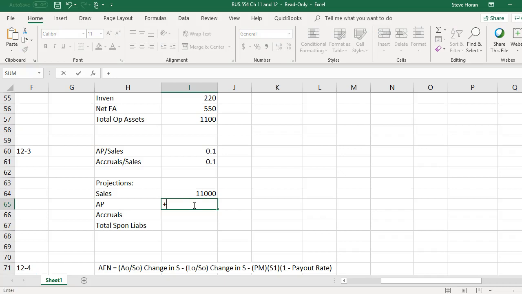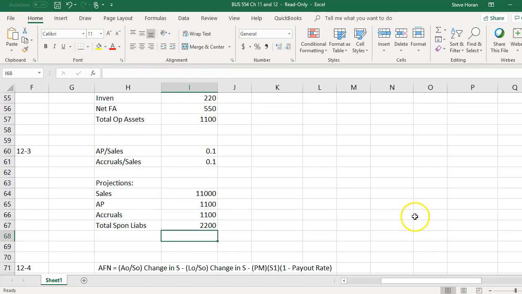Then my AP is simply 10% of that, so 11,000 times 0.1. Accruals, same story, 11,000 times 0.1. And then I just add those last two numbers together. These two here, AP and accruals, that's my spontaneous liabilities of 2,200.